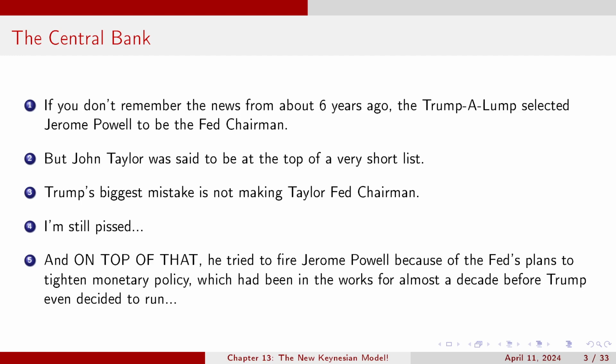But he had a very short list of possible candidates. John Taylor was one of them. And as we'll see when we learn about the Taylor rule, having John Taylor as Fed chairman would have been absolutely fantastic. One of Trump's biggest mistakes during his presidency is really not making John Taylor chairman of the Fed. I'm actually still really annoyed about that. And there's a whole thing about him trying to fire Jerome Powell because of the Fed's plans to tighten monetary policy. And those plans have been in the works for almost a decade before Trump even decided to run. So, yeah, enough about that.